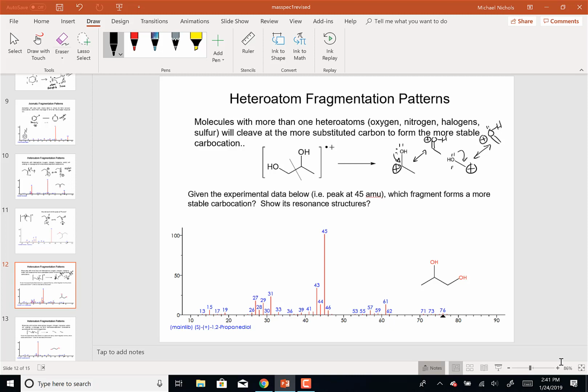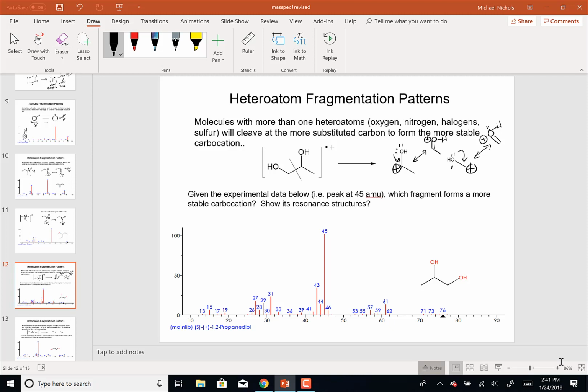The one on the left, how much would it weigh? 45.